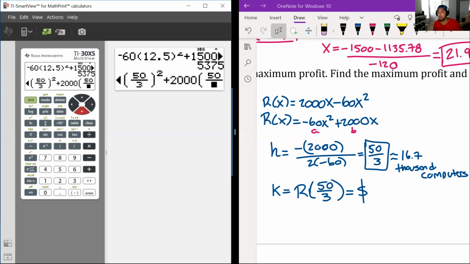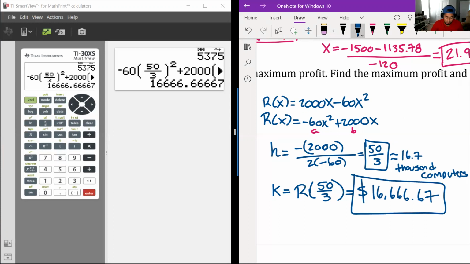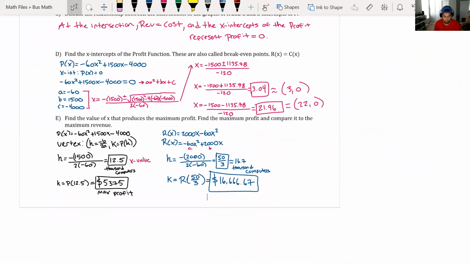And we get maximum revenue at 50 over 3,000 computers will be $16,660.67. In thousands. This is max revenue.